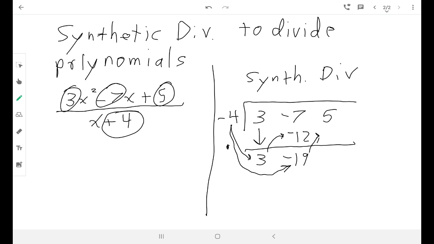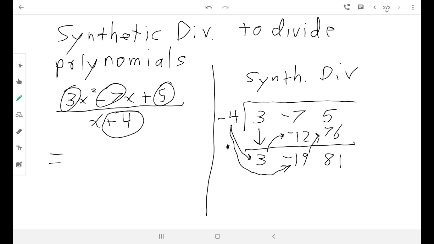So negative times negative is positive. 4 times 19 is 4 times 10 plus 4 times 9. So that's 40 plus 36 is 76, and then you add those two numbers together, and 5 plus 76 gives you 81, and this tells you your answer in synthetic division.